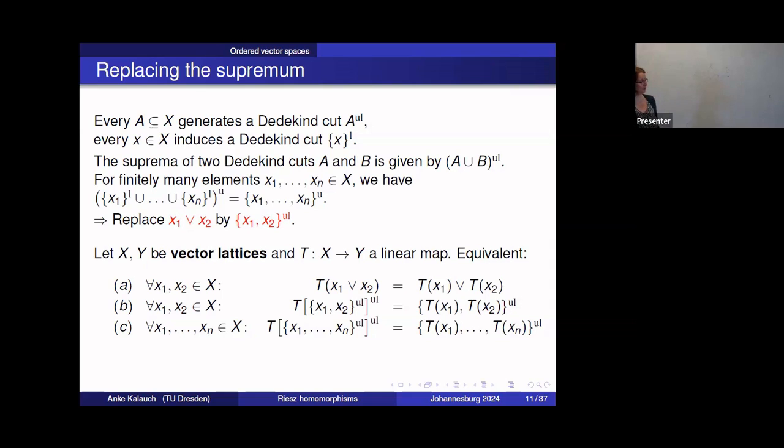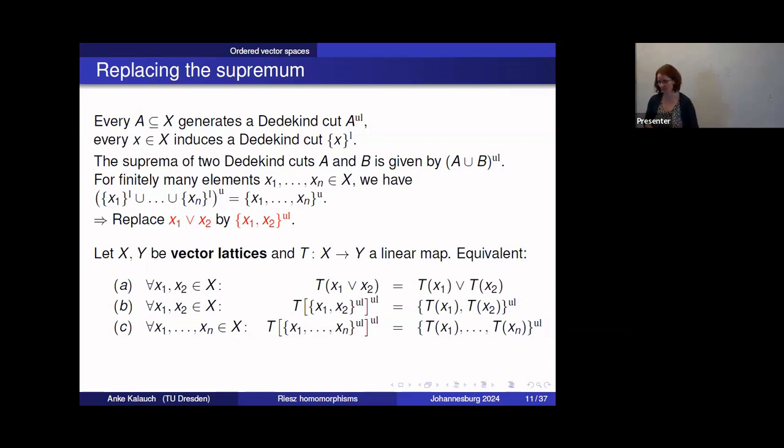And with this trick, we get several options. So this was the classical definition of the Riesz homomorphism in lattices. And now we just replace: everywhere where we have a supremum, we take x1, x2, upper, lower bounds. And here as well, and so we have to do it outside here as well. We can do it for two elements, we can do it for finitely many elements in vector lattices.